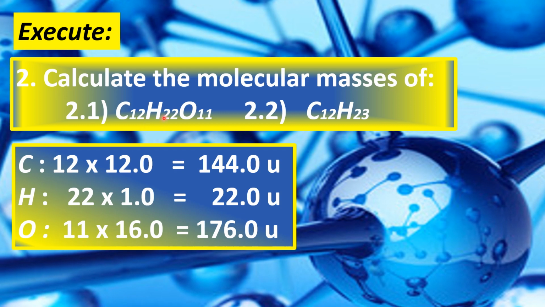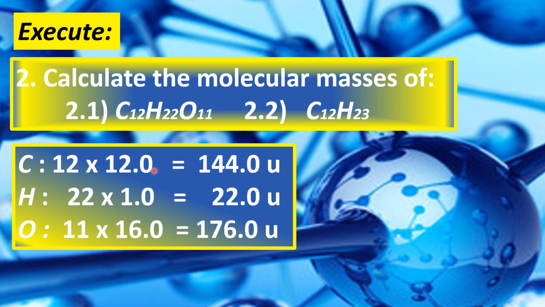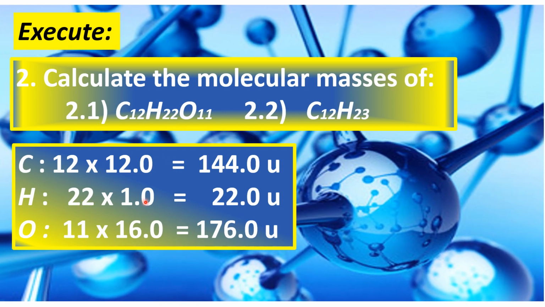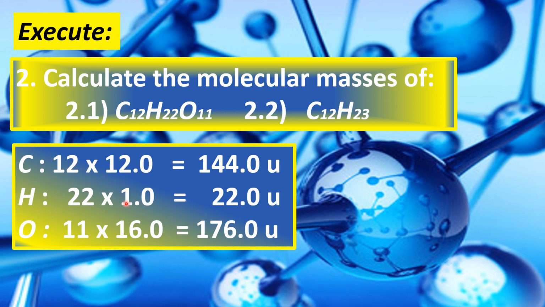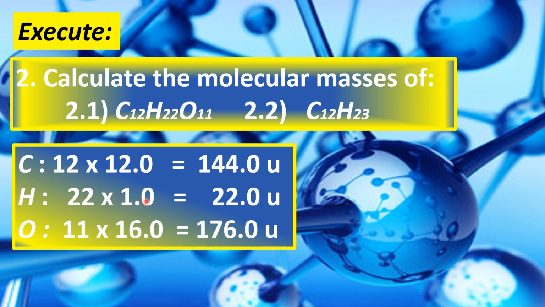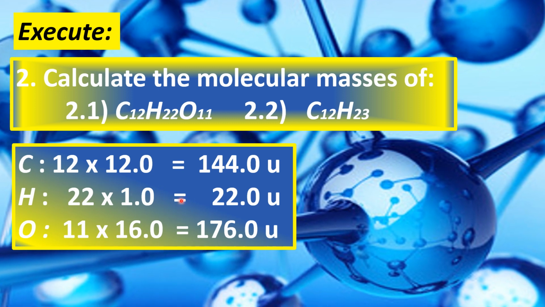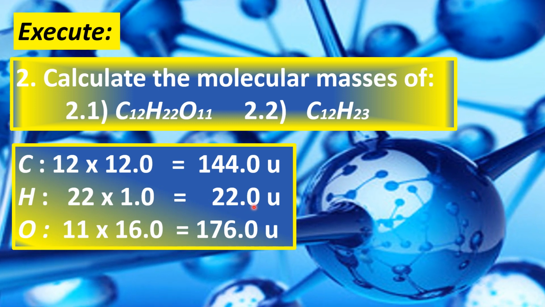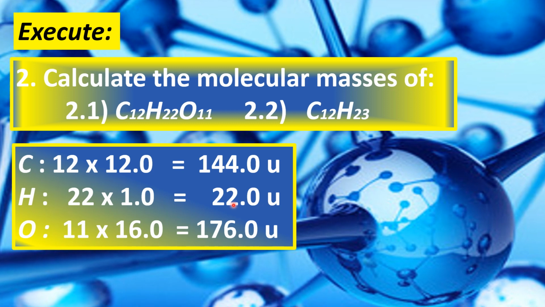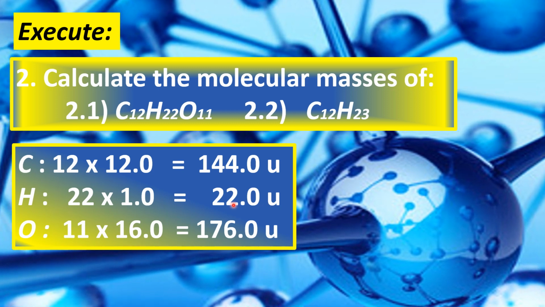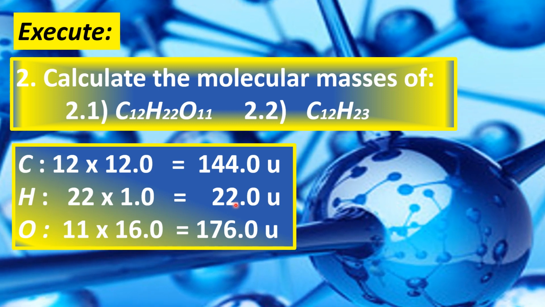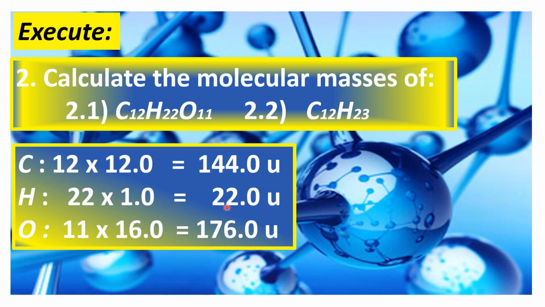There are also 22 hydrogen atoms. Each hydrogen atom, of course, has an atomic mass of 1.0 U. So multiply that by 22, we get 22.0 U as the total mass of the 22 hydrogen atoms.